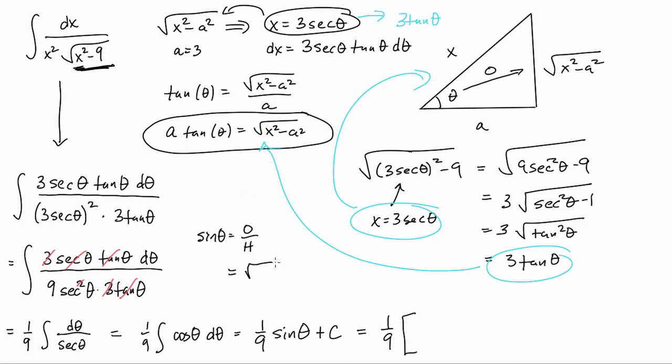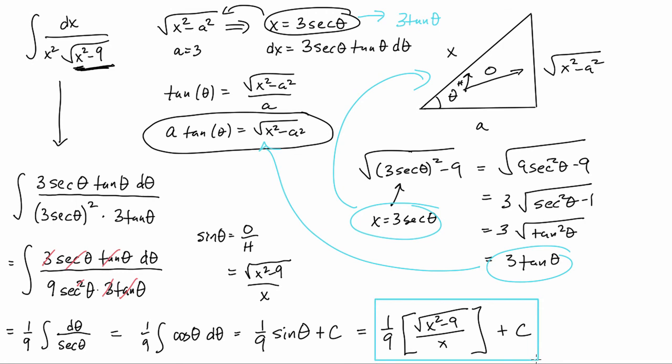So for this problem, it's the square root of x squared minus 9 over the hypotenuse, which is x. And so that's how we finish out the problem. We're going to substitute in the algebraic expression square root of x squared minus 9 over x in for the sine of theta. And so our final answer at this point is given to us by this expression.